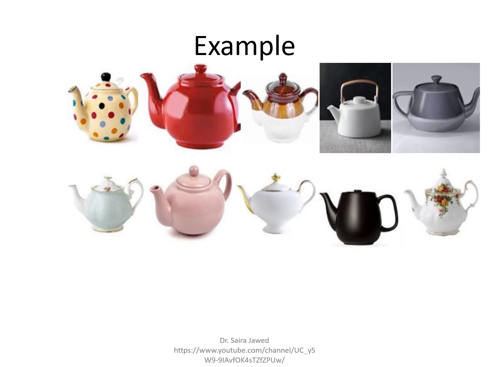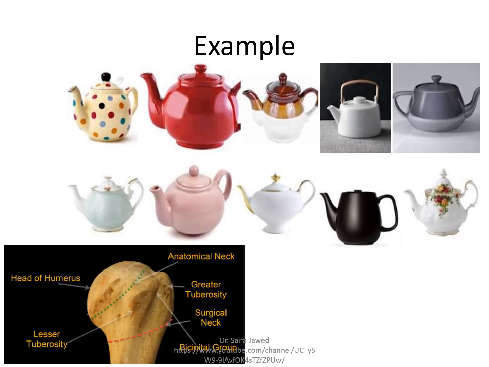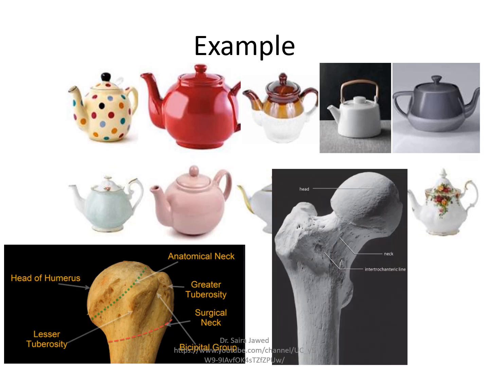Okay, let us study these bony impressions with the help of an example of a kettle. You can see that all of these are kettles, and the function of all of the kettles is the same, that is the storage of the tea, but the shape is different. Likewise, you can see here that this is the humerus. It has got a head, and it is named the head of humerus, and the femur has also got a head.